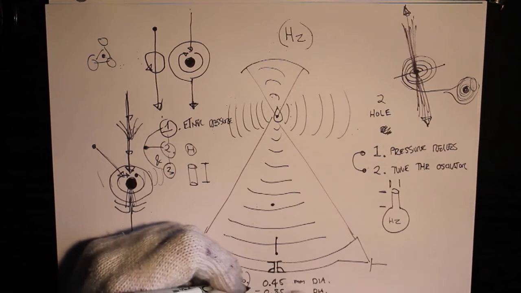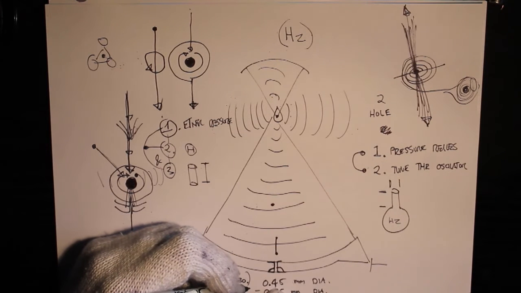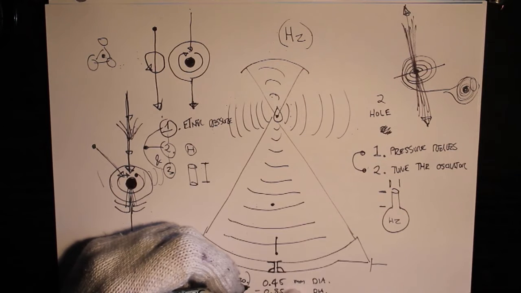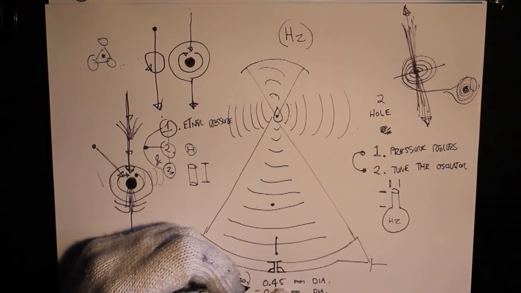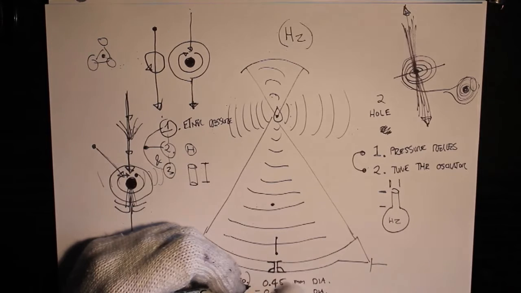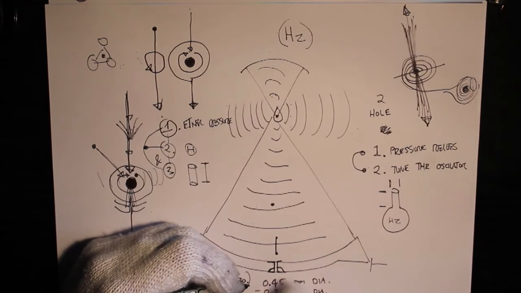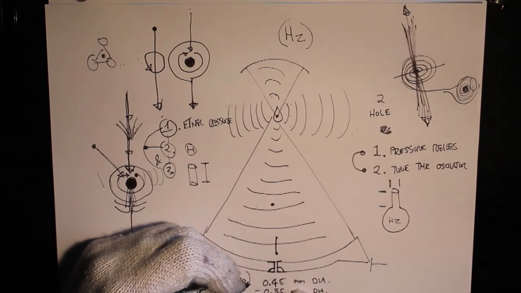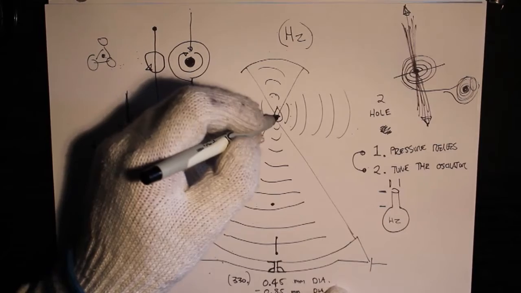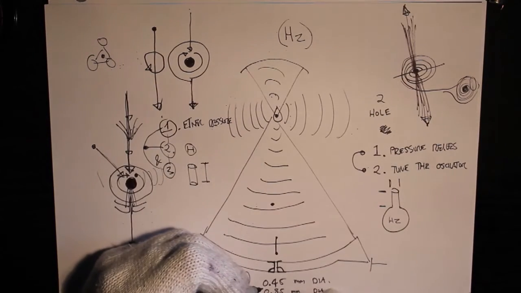There's no way to govern this, but basically you'd start off with a small hole, and you'd have to somehow increase the diameter, or have interchangeable holes within a silver reflective system, to find the most efficient spot. That can't be calculated because it depends on how efficient your pyramid is going to be. How much pressure it's going to build up in the middle depends on what size you need the hole.